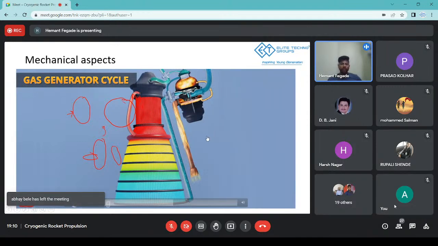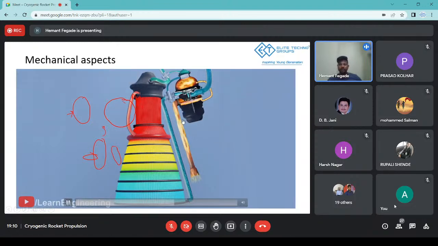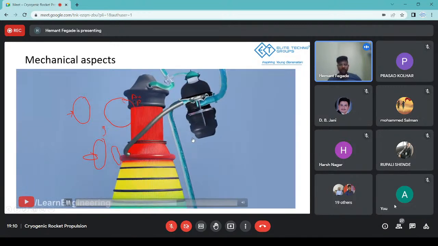This is another drawback of this system, and even SpaceX uses this kind of technology to boost their Falcon rockets. But you are still losing precious fuel in this process. So this particular cycle is called the gas generator cycle, because you are burning some amount of fuel to run this auxiliary system.